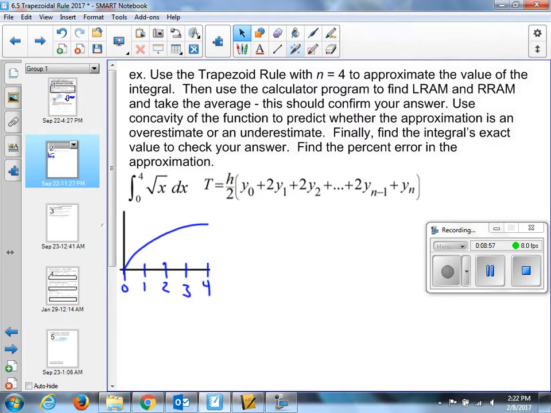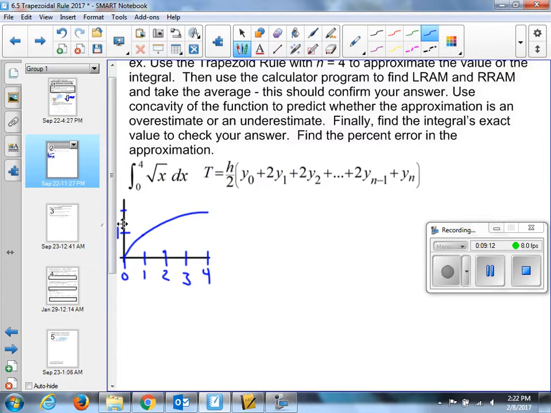I know you know a few easy values to come up with: 1, 1 and 4, 2. 4 comma 2 is an ordered pair. 1 comma 1 is an ordered pair. 0 comma 0.